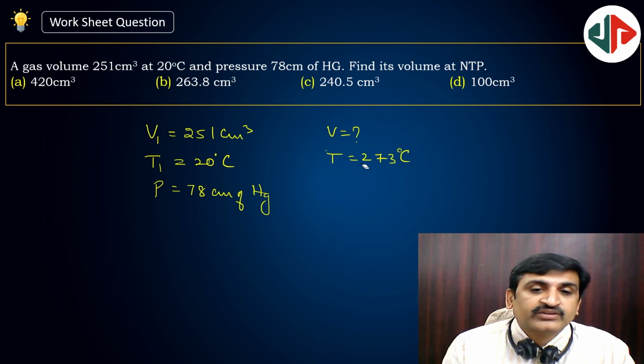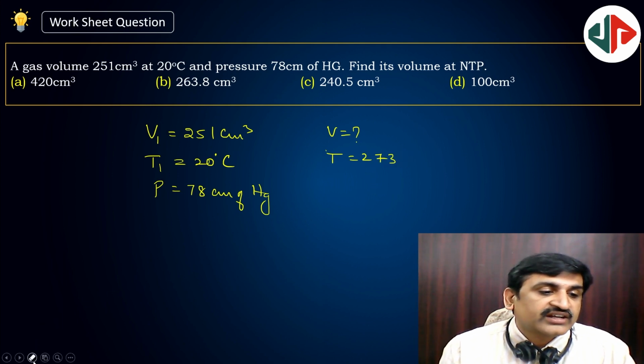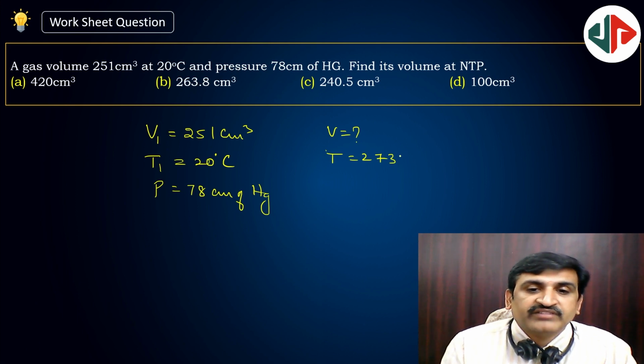It must be done in Kelvin, so the 20 degrees Celsius also we have to add 273, then 293 Kelvin will come. And pressure P is 76 centimeter of Hg.